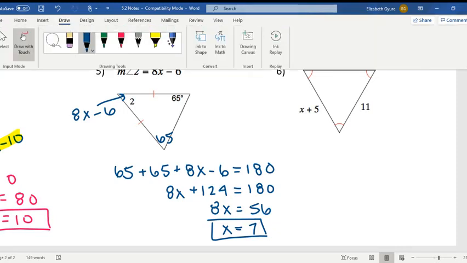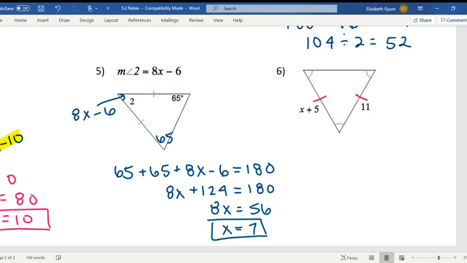Equilateral. So all the sides are also congruent. And if all the sides are congruent, what would be a really quick and easy way for me to set this up? Yeah, they're equal, so set them equal. x plus 5 equals 11, and x equals 6. We did something very similar last class.